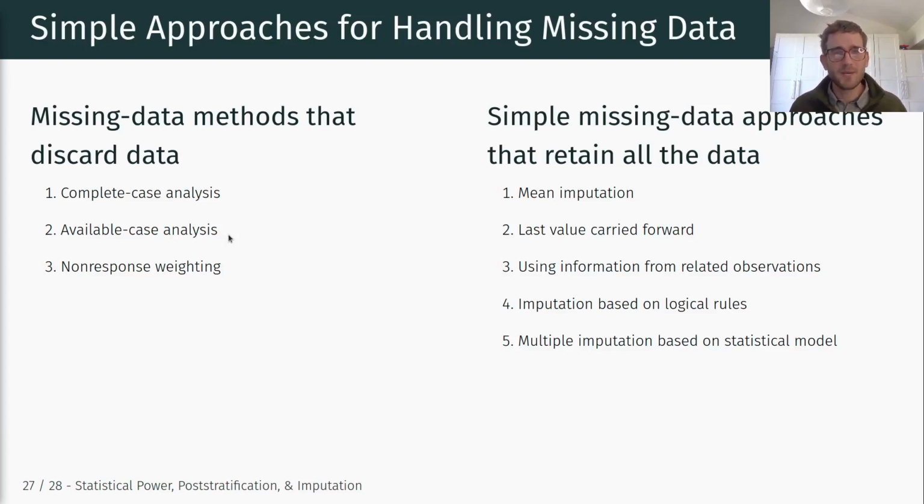What we mean by mean imputation is to replace each missing value in our data set with the mean of the observed values for that variable. Okay, the advantage of such an approach, of course, is that we can include those cases, and we're not changing the mean of that underlying variable, right? Because we're just including the average for each of those missing observations.